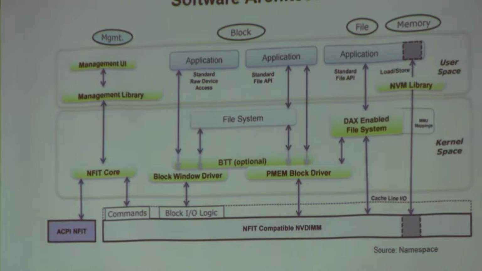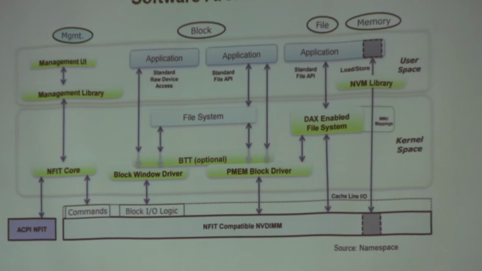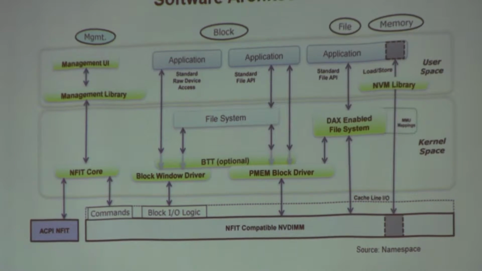One thing we haven't talked about too much is the BTT, the block translation table. This is used to ensure sector atomicity: under any circumstances the sector will either be unmodified or modified, or you'll get an error when you read it, but you won't end up with a sector that's half-written. So that layer goes there, but the rest of this middle portion is largely unchanged.